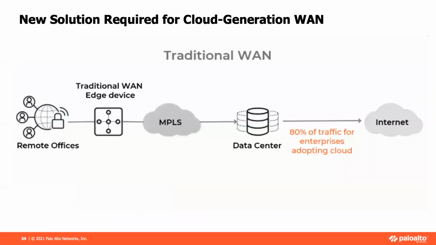Prisma SD-WAN uses a controller, an edge device. But the big advantage is that it's not just a single link back to a data center. And if you're going out to the internet, and most applications now are internet-based, SaaS applications and stuff like that, they don't have to all go through the data center anymore.